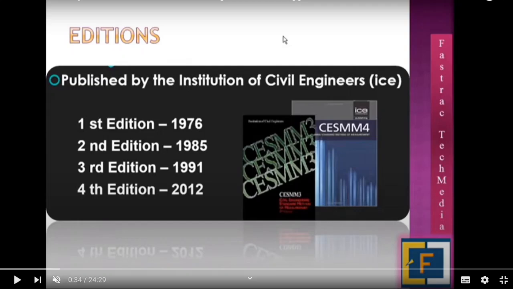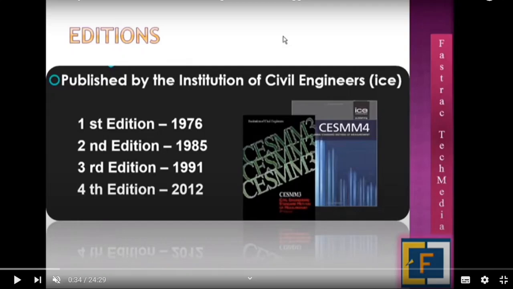So first we have to understand that CESM is the basic fundamental worldwide accepted method of measurement for all types of works in civil engineering. This is not limited to any one type of work.